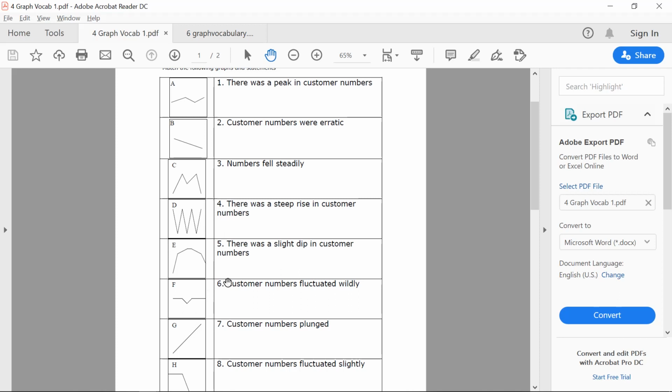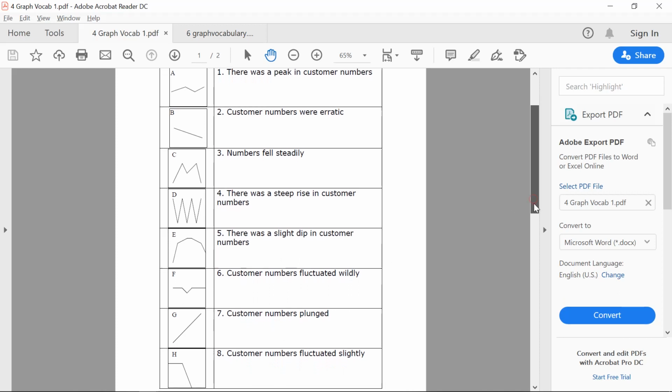This corresponds to that. There was a slight dip. So probably this one can be called as a slight dip. There was a slight dip in customer numbers. Fluctuated wildly. Well, of course, this D looks like fluctuated wildly. Customer numbers plunged. So taking a plunge means like jumping inside a swimming pool.